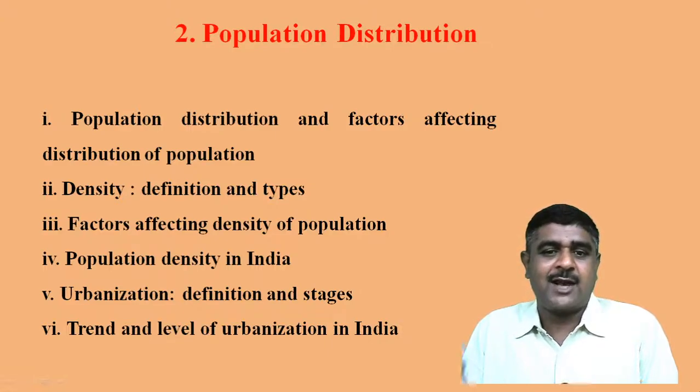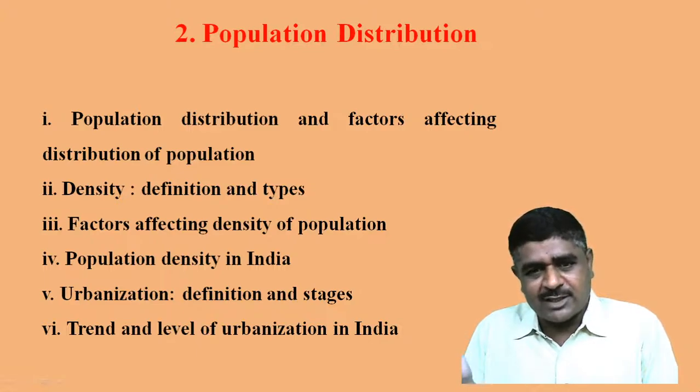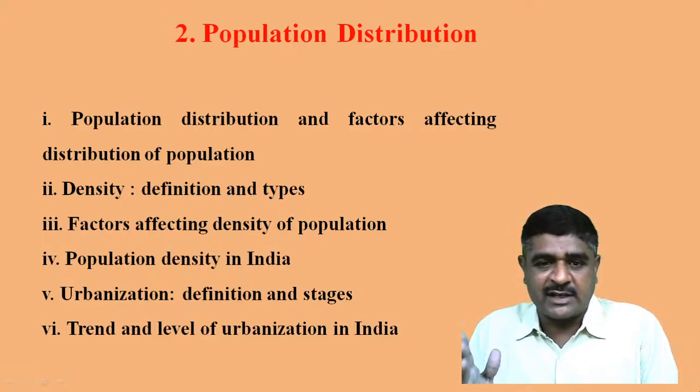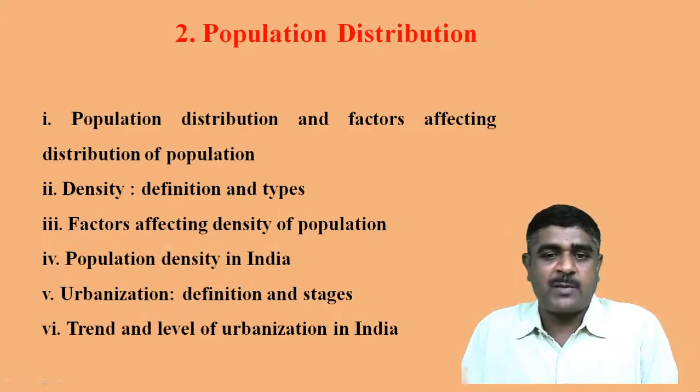As compared to that, Karjat has very few facilities and amenities, so the attraction towards Karjat is very low. It means within a tahsil, within a district, density of population differs. Same as in India, the density of population differs according to state. We will see details in this subtopic.